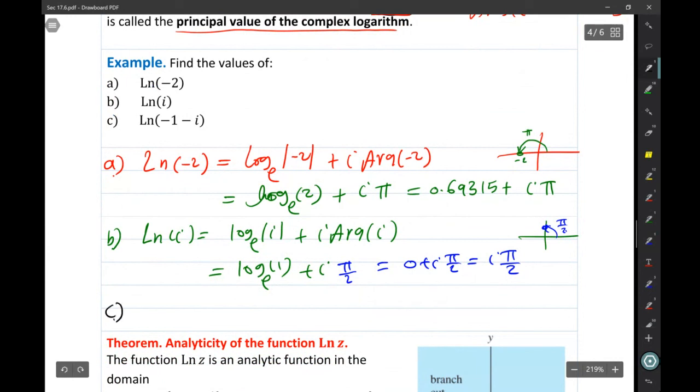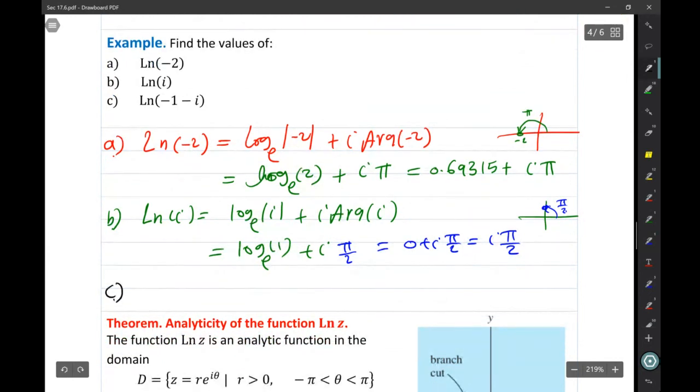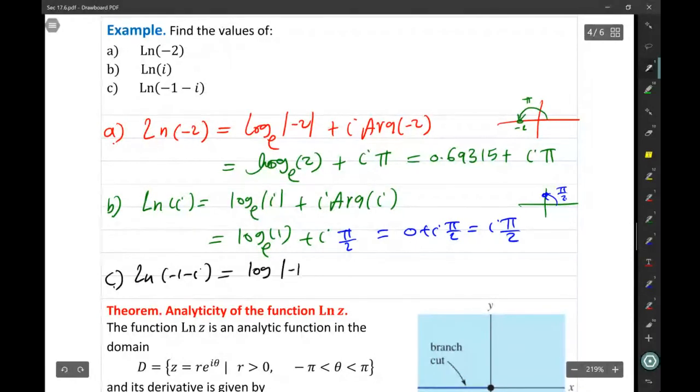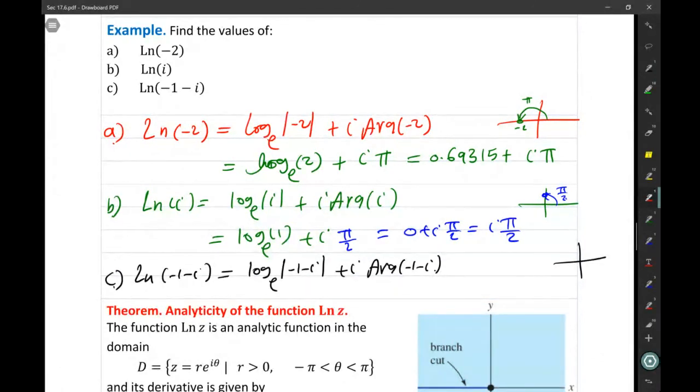The last one, part C. The principal logarithm for minus 1 minus i is equal to logarithm of absolute minus 1 minus i with base e plus i times the principal argument of minus 1 minus i. Where is the principal argument here? This is the location of minus 1 minus i, this complex number here.